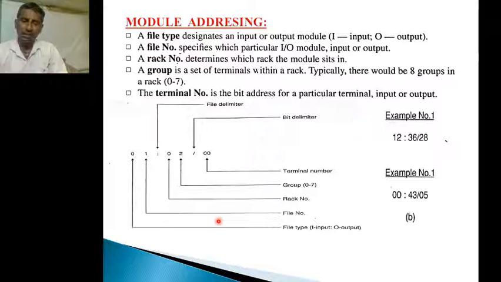While placed in the rack, every device will be assigned a file type, file number, rack number and terminal number. By considering the file type, file number, rack number, group number and terminal number, we can decide the address of that particular device. That addressing is nothing but module addressing.